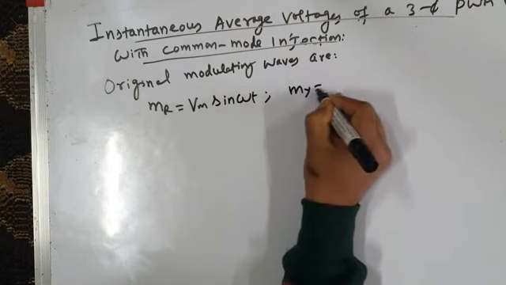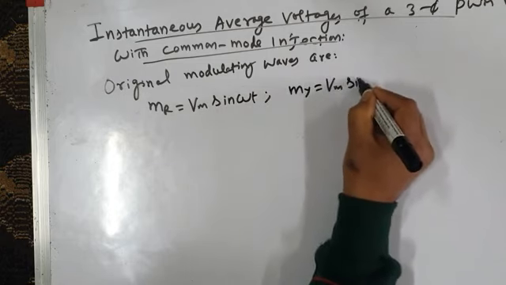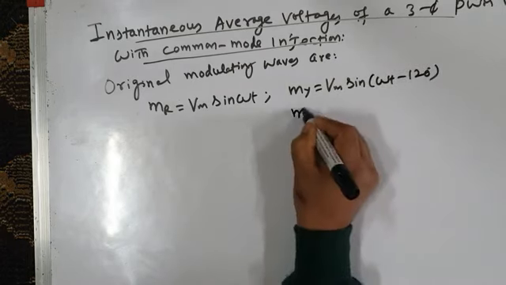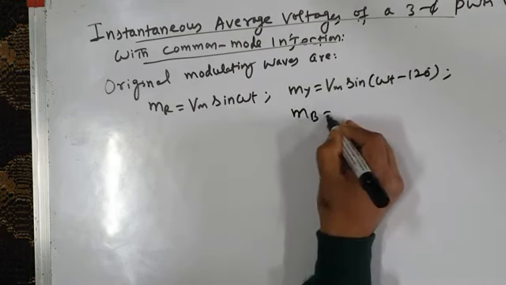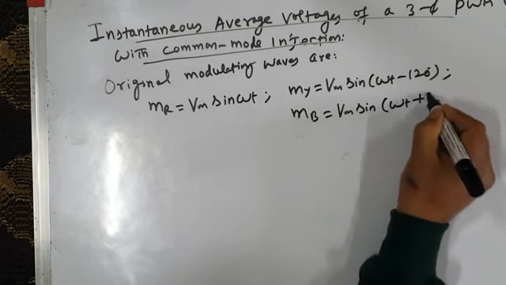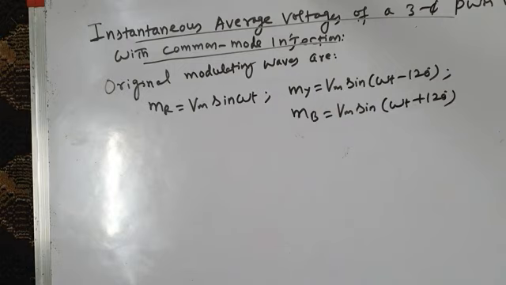Similarly, My is equal to Vm sine of omega t minus 120 degrees, and Mb is equal to Vm sine of omega t plus 120 degrees. Now what we are doing, we are adding a common mode signal to all the three original target reference waves or original modulating waves.